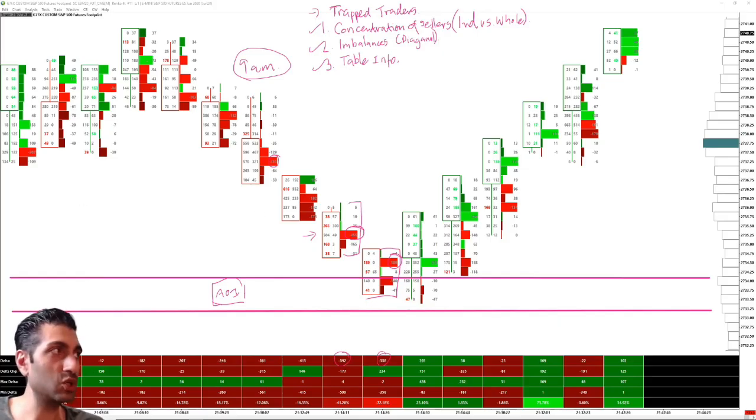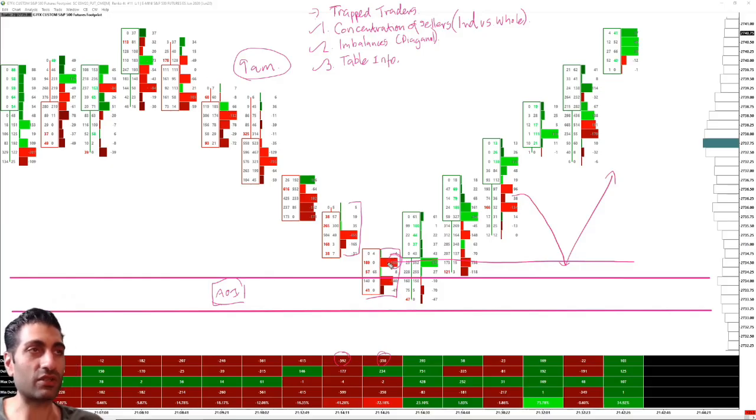So that's what I'm looking for in terms of my entry. And actually, as you'll see in the pound dollar example, remember this. I actually love these areas too, and I like to just put in a little line because what will happen is the market loves, algos love to test this, then they'll pop. Because these sellers, okay, so let me take a step back here.